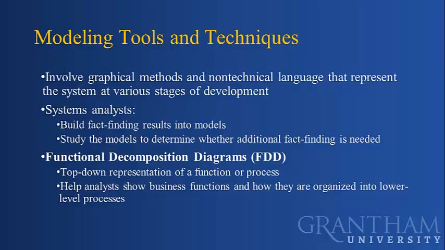Functional decomposition diagrams are a top-down representation of a functional process. They help analysts show business functions and how they are organized into lower-level processes. Review Figure 4-8 in Chapter 4, which shows an illustration of a functional decomposition diagram.